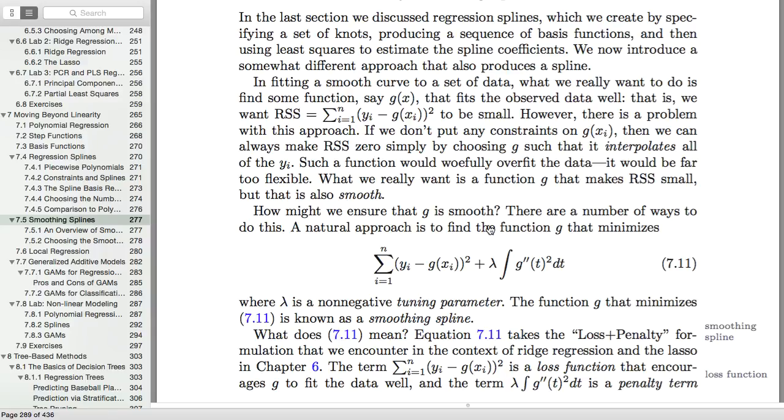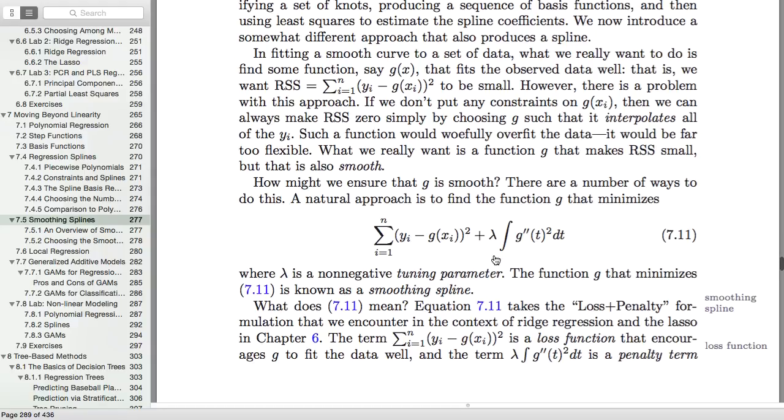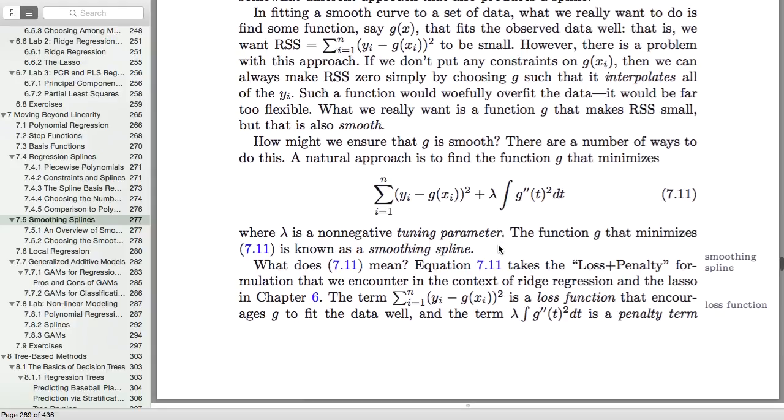So if we can minimize this expression here, we get both minimal deviations and a smooth fit. And the key is that we use this tuning parameter, just as we've used a tuning parameter called lambda in other contexts, to determine how smooth we want it. The larger the value of this, the more smooth it's going to be.